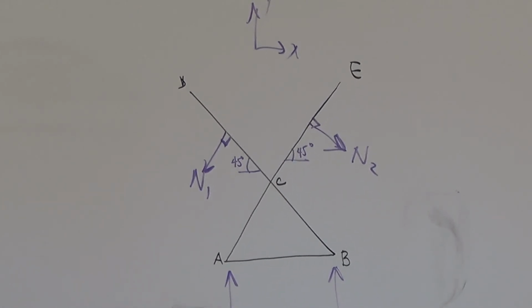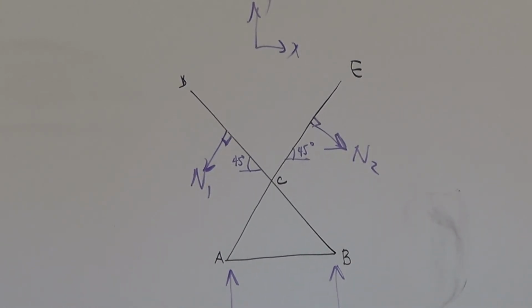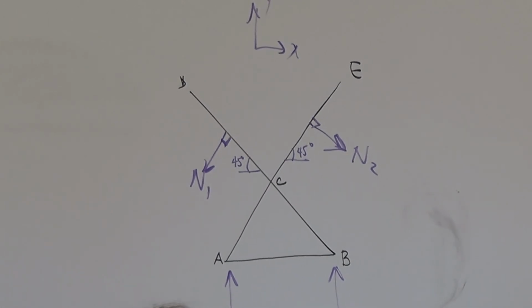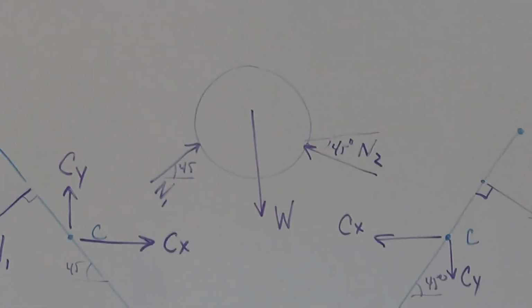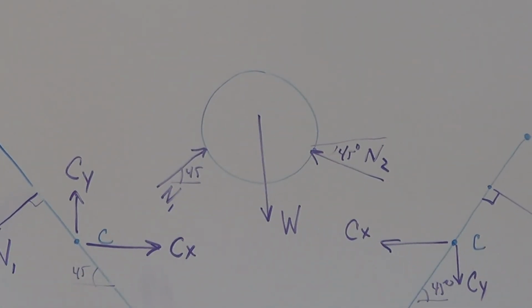And does it make sense that the N1 and the N2 are pushing into the ball? Larson, explain why N1 and N2 should be pushing into the ball. Because the weight is pushing towards. Forget about the weight. When you describe normals, I know you've been trained to describe it in terms of weight, forget about weight. Just talk about it in terms of the normal, because the normal is created by the surfaces, right?